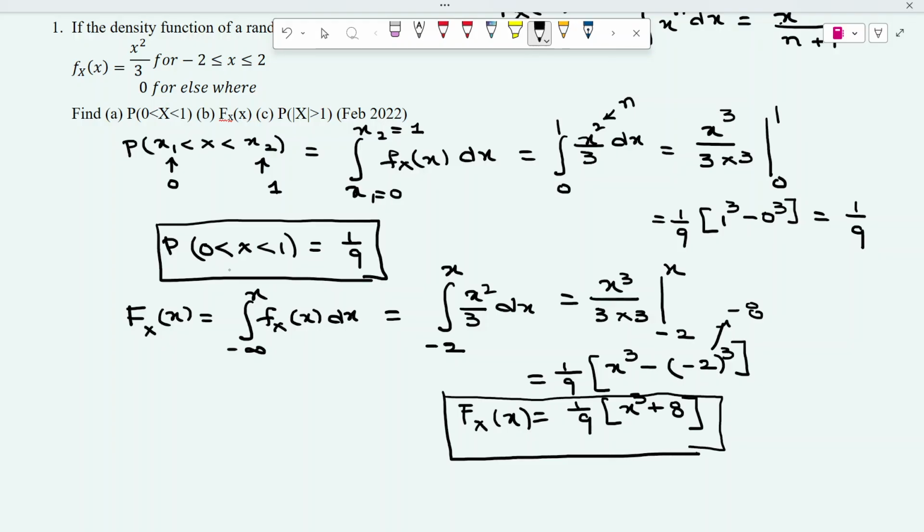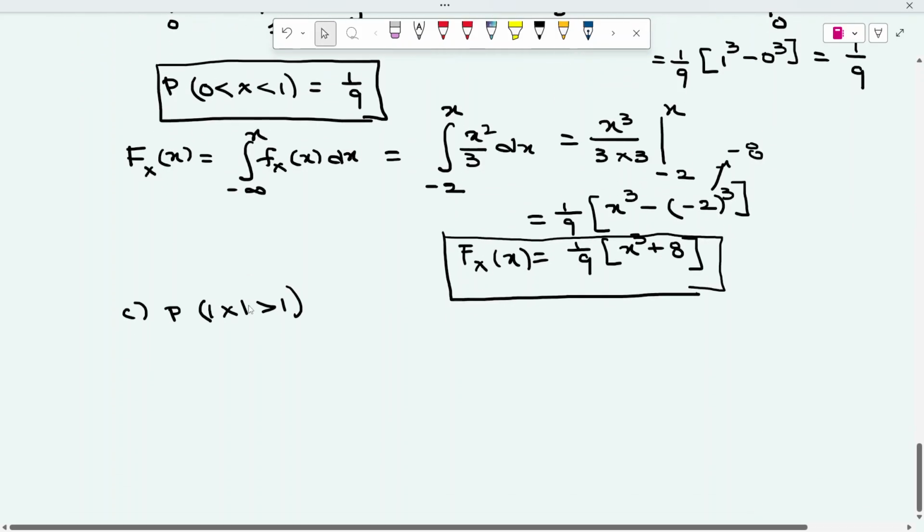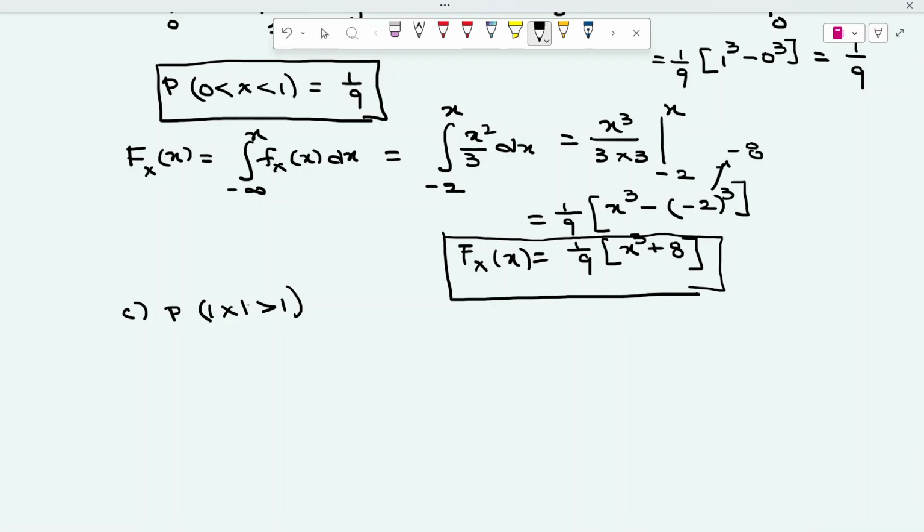The last bit is we are asked the probability of mod x greater than 1. Mod x we can write as simply x for x greater than 0, and minus x for x less than 0.